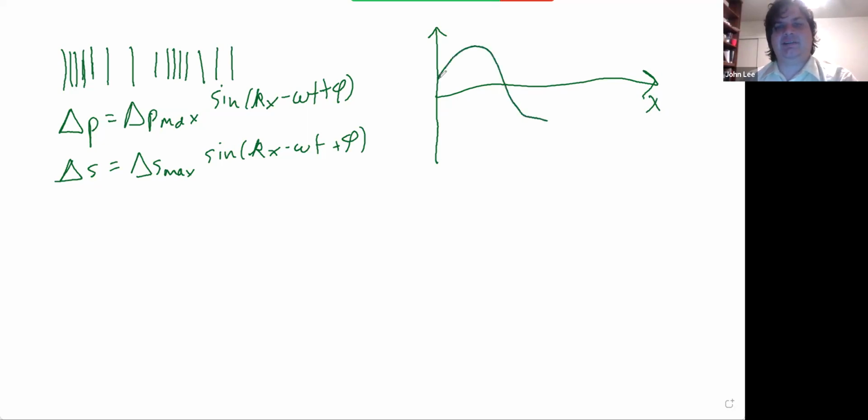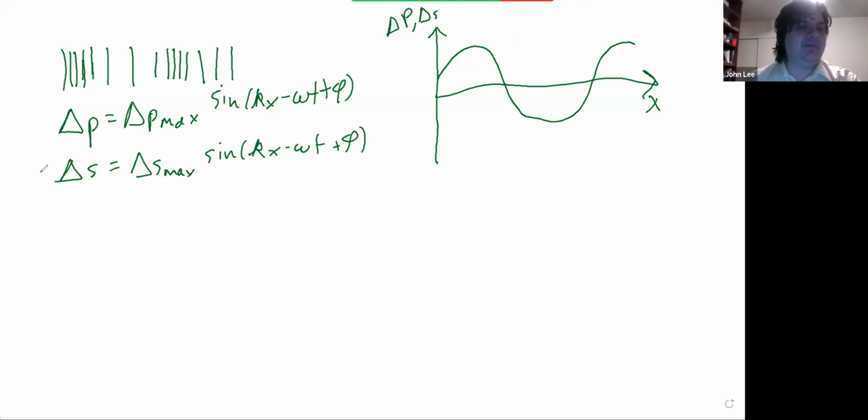Then both of these are still just going to look like sine waves, even though, unlike if we have y here, this is not actually going to be moving up and down. It's just going to be a change in pressure, or a change in the distance between the molecules. So that's the main thing to talk about. That's going to be our intro to sound, just saying that it's a longitudinal wave.